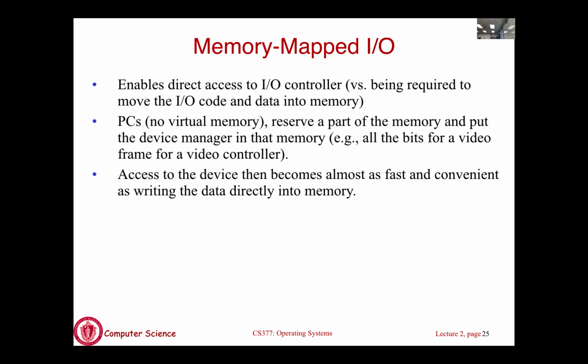Question: are the first three methods just different ways of abstracting it from the perspective of the processes, with I/O still essentially done the same way? Yes, these are all different ways to do I/O and they need different hardware support. If you want to do DMA, you need a DMA controller on your machine, otherwise you can't do DMA.